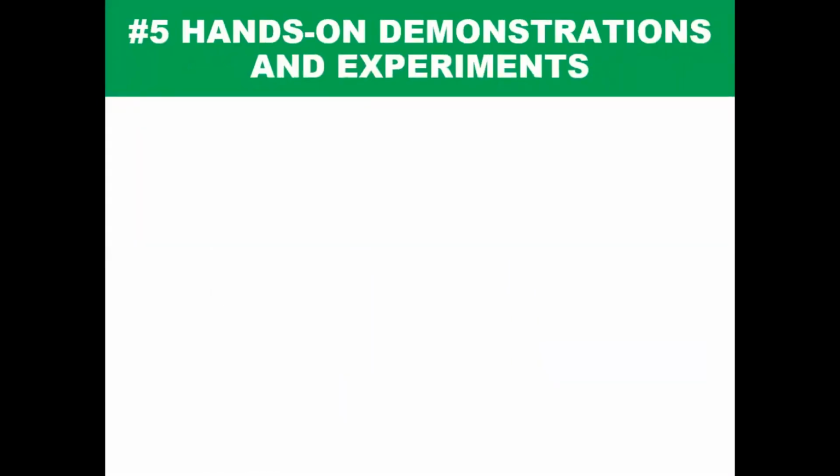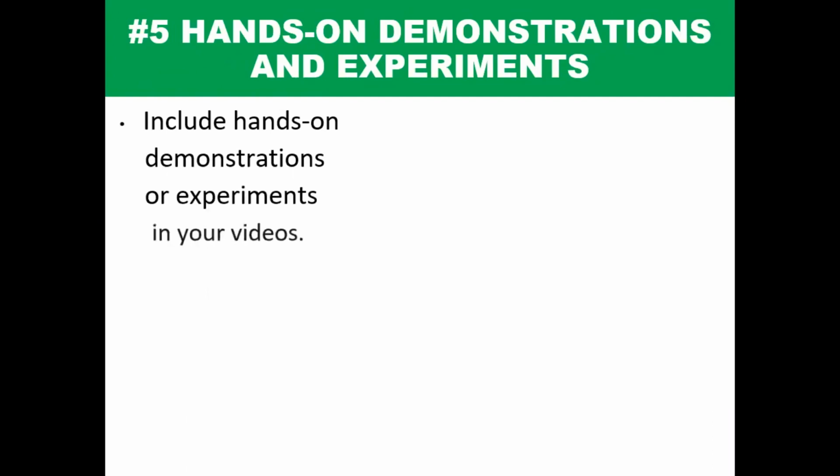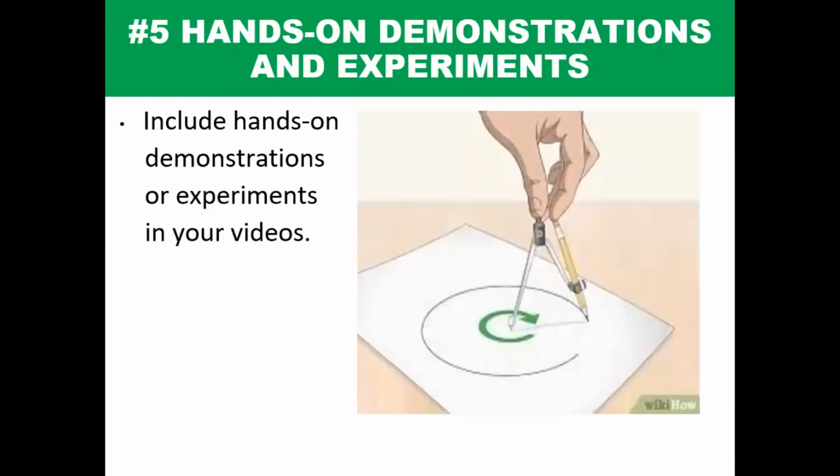Moving on to tip number 5, hands-on demonstrations and experiments. You need to include hands-on demonstrations or experiments in your videos. This is very important. You need to show a process practically.